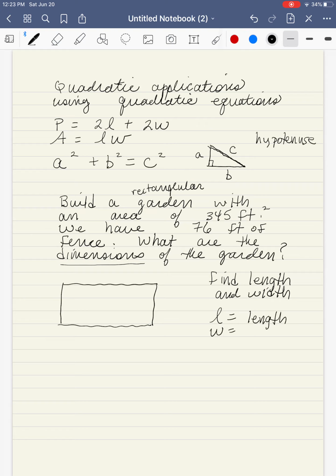So we're going to have two variables: L equals the length of the garden and W equals the width of the garden. If I write those on here, this is W, this is W, this is L, and this is L. You could have made the L the longer side and W the shorter side. It really doesn't matter.